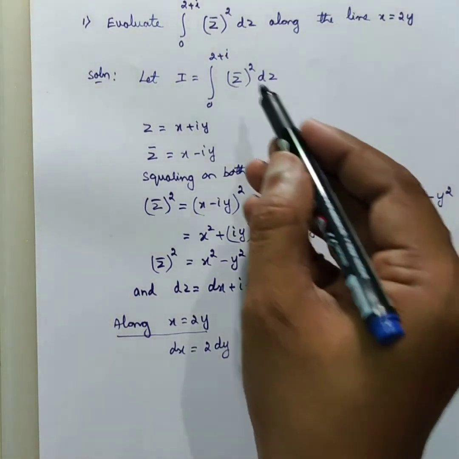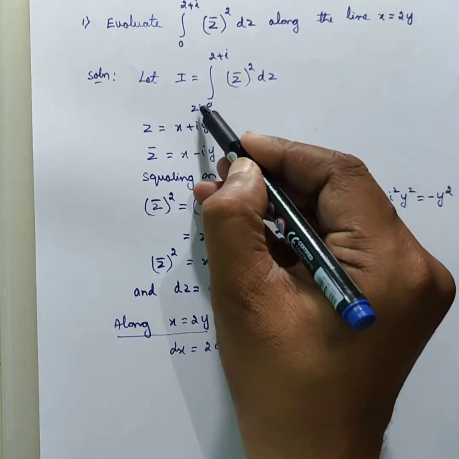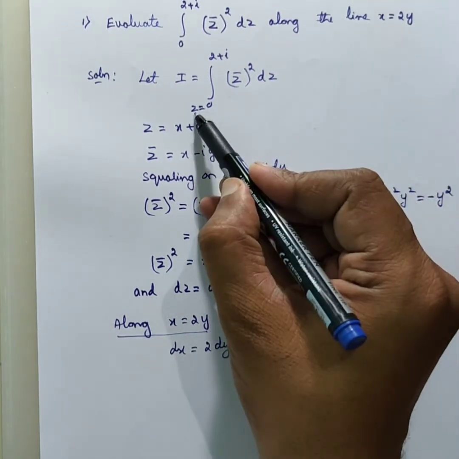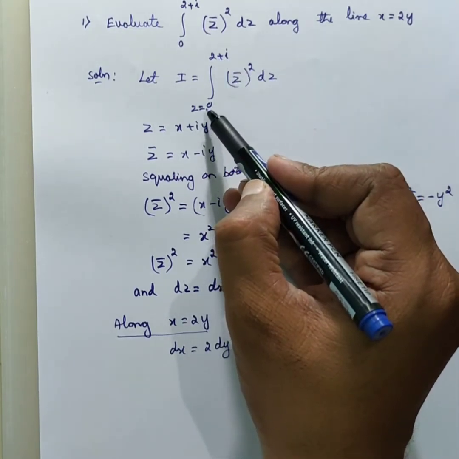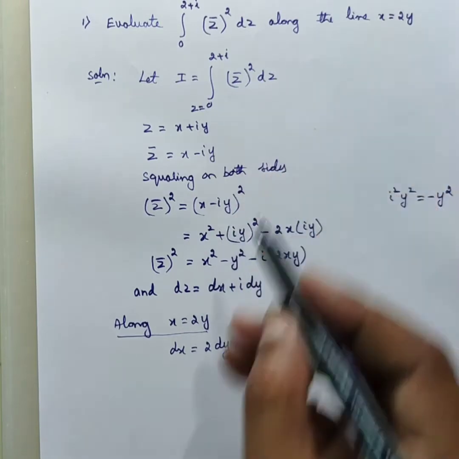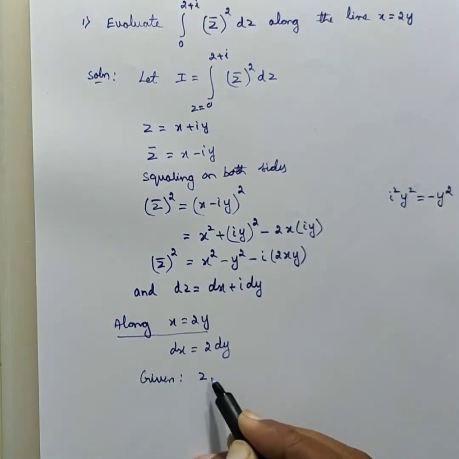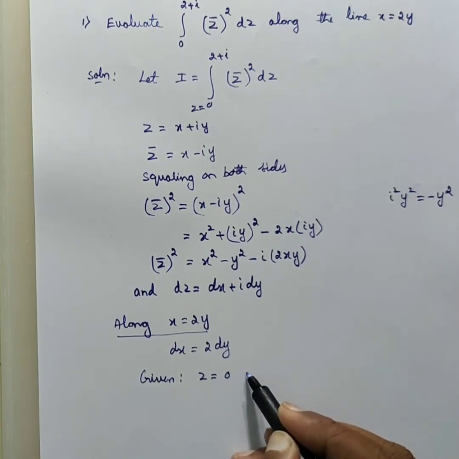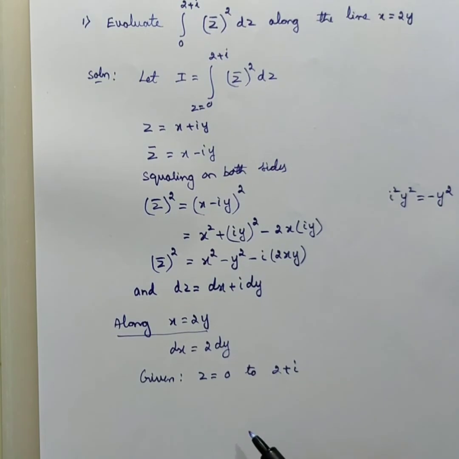And if you try to observe this integral, the limits for z will be 0 to 2 plus i. So let us try to express this in terms of the coordinates. Given to us, z ranges from 0 to 2 plus i.